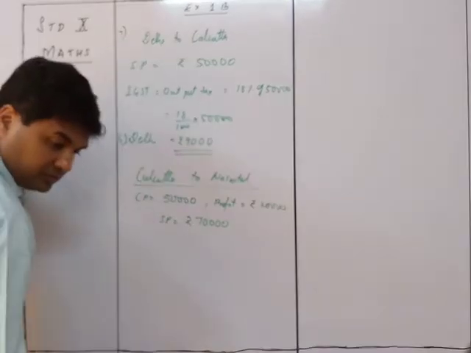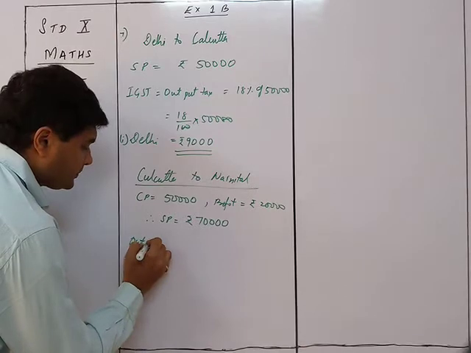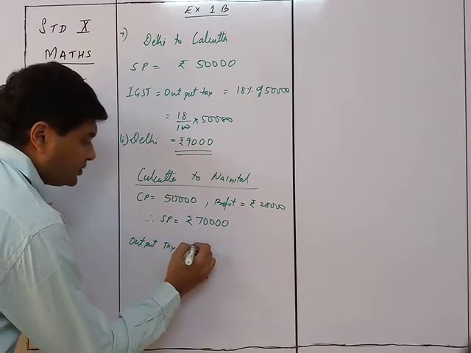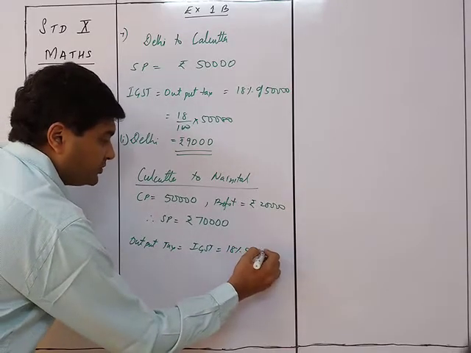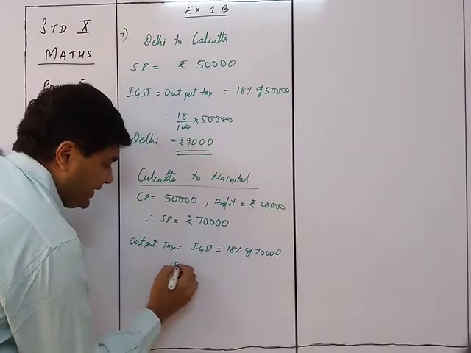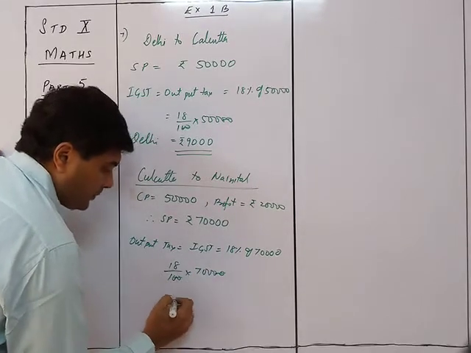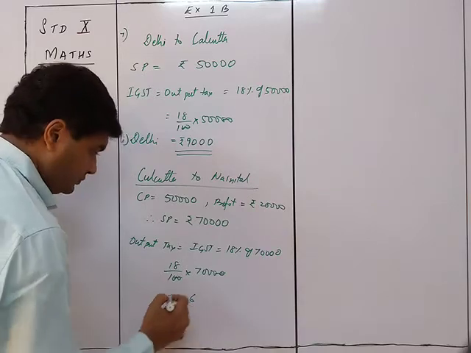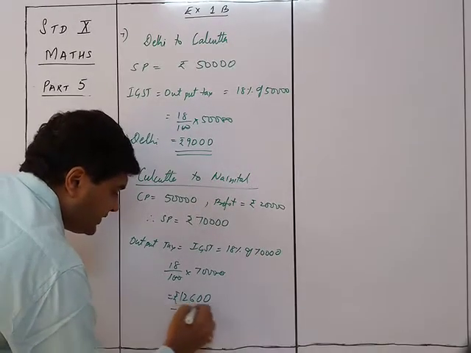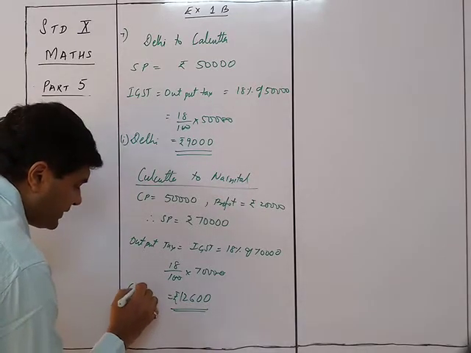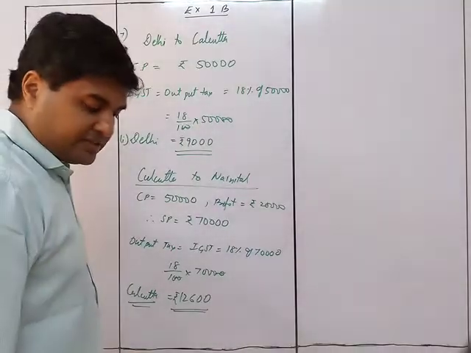SP is 70,000. So accordingly, output tax is equal to IGST, which is 18% of 70,000. That is 18 upon 100 into 70,000. So 12,600 is the output tax for Calcutta. The output tax for Calcutta is 12,600.